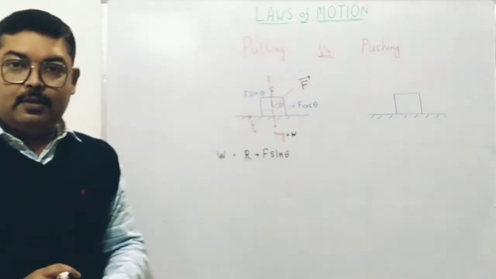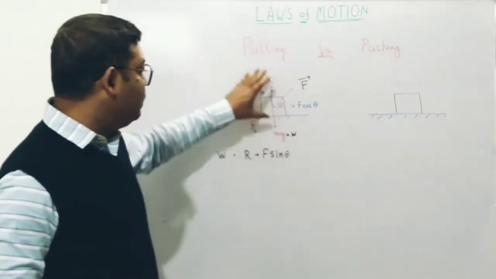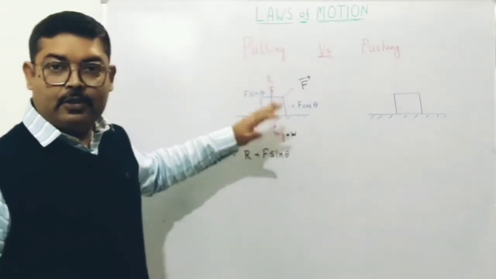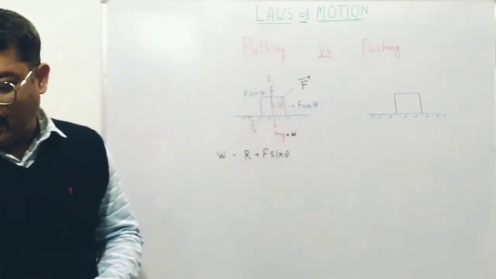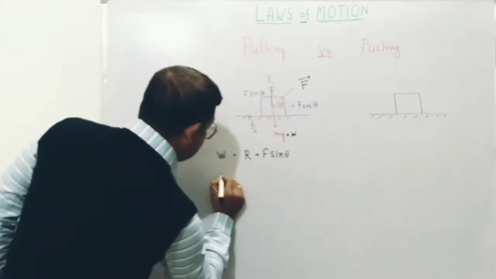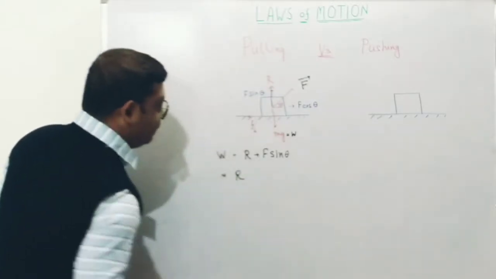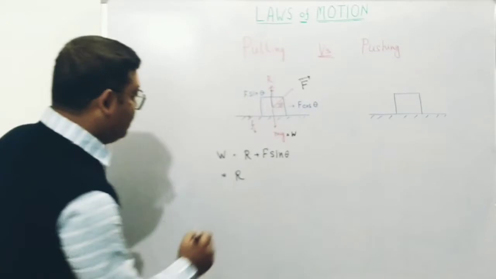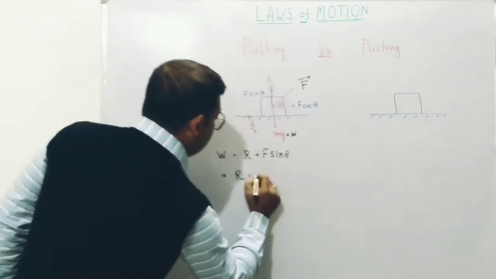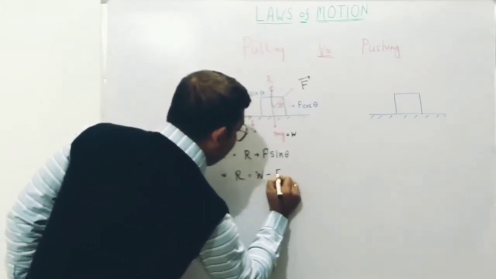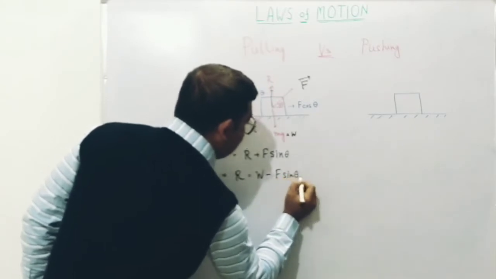These two must balance each other because the object is not sinking into the ground. This will give us that the normal reaction will be W, the weight of the object, minus F sin theta.